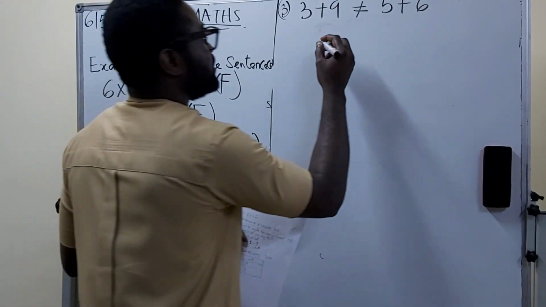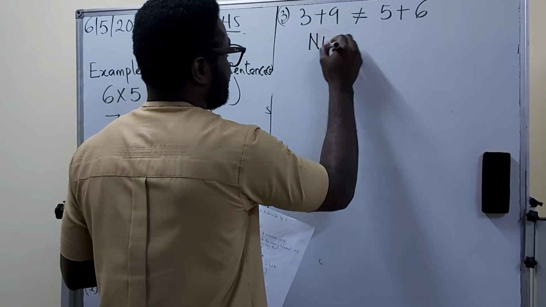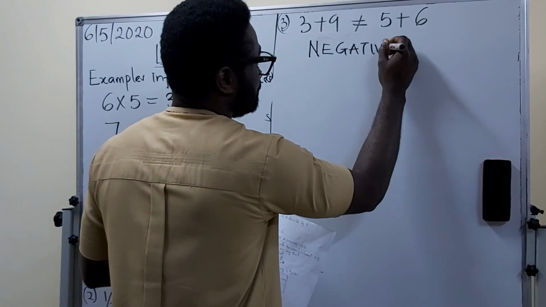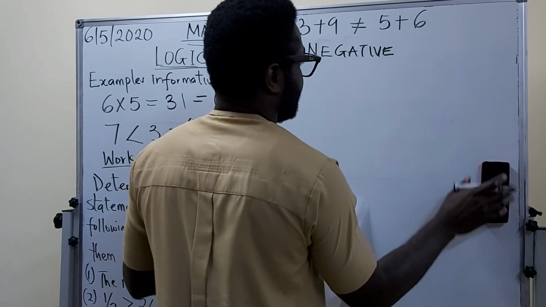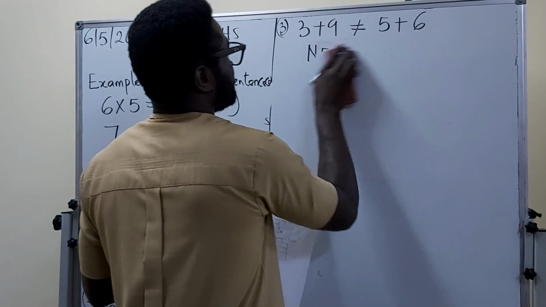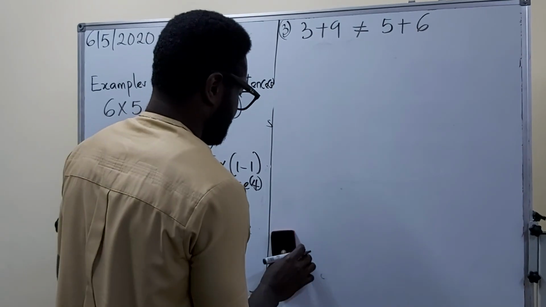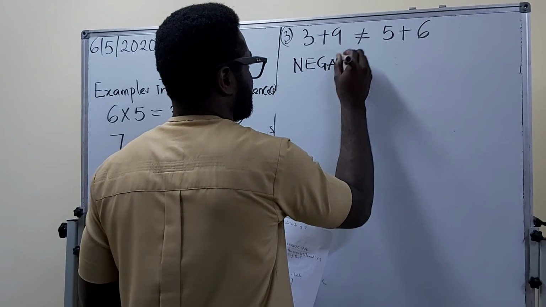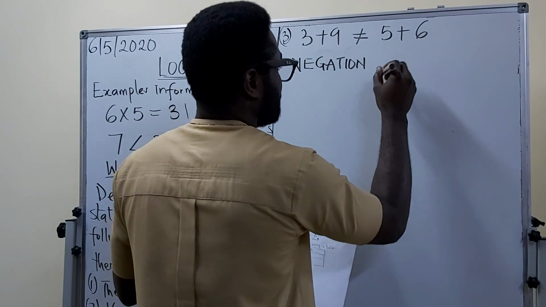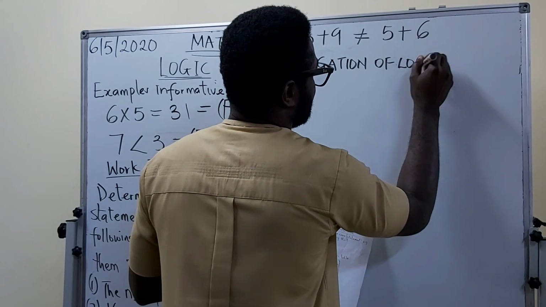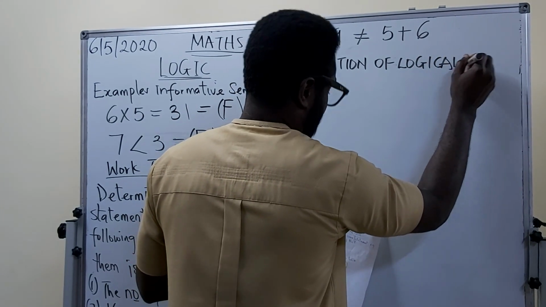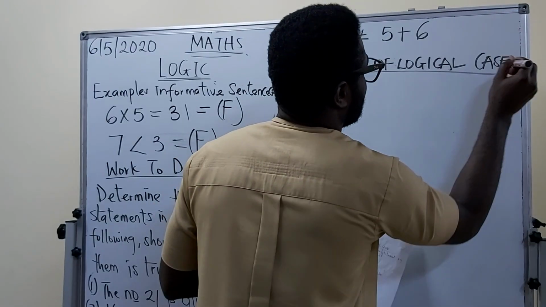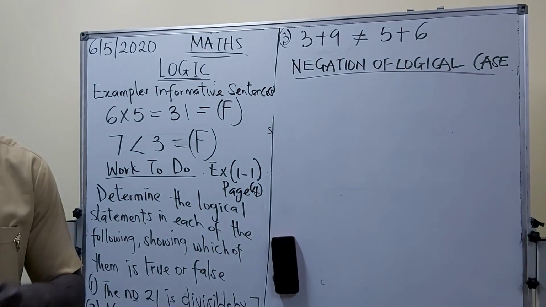Now, the next topic, though I will not be able to finish it, but we just have to start with it. In the next class, we'll do more about this. Negation of logical case or cases, as the case may be, depending on the number of cases you have.